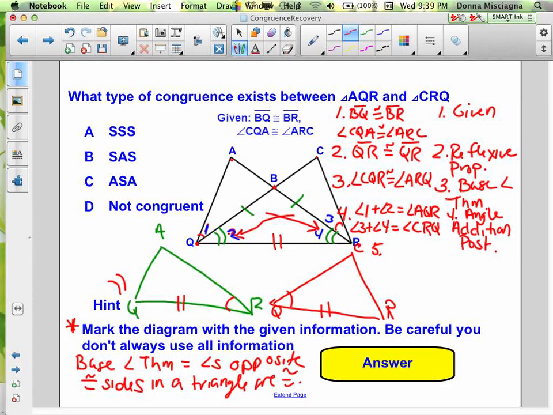So what if I rewrite it like this? Angle 3 plus angle 4 is equal to AQR. What did we do there? There was a 1 and a 2, but we made them a 3 and a 4.